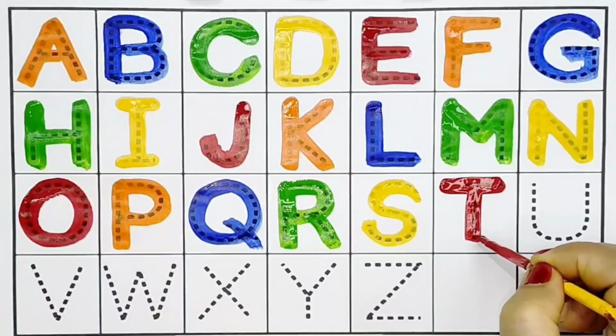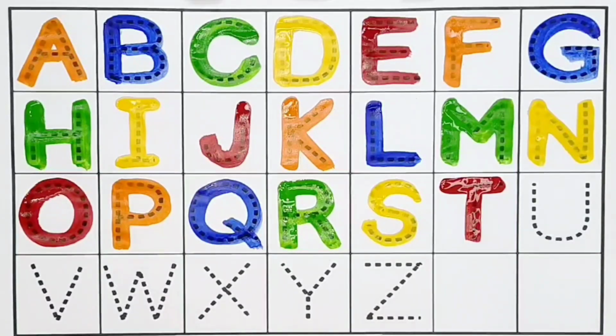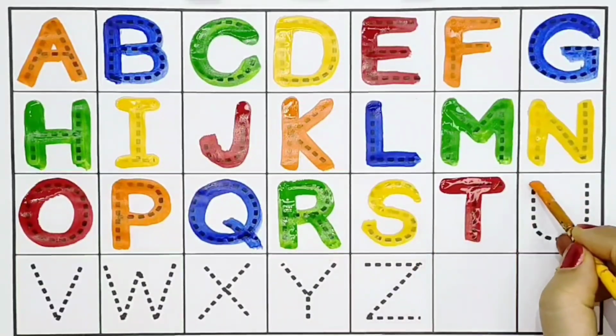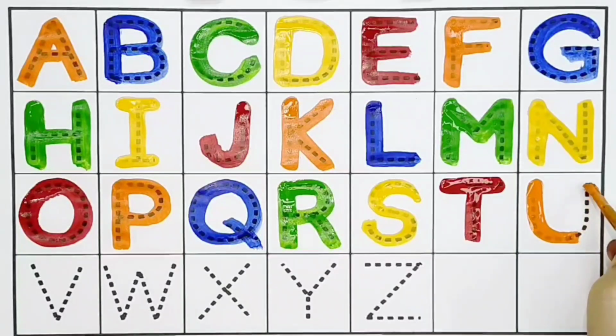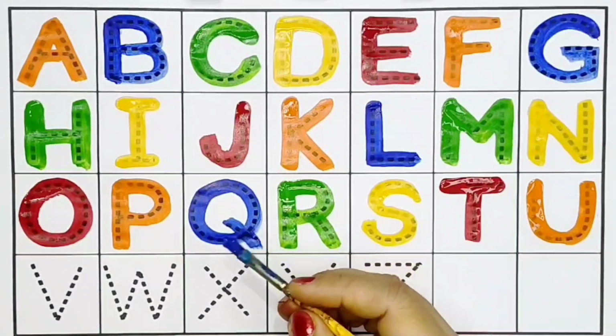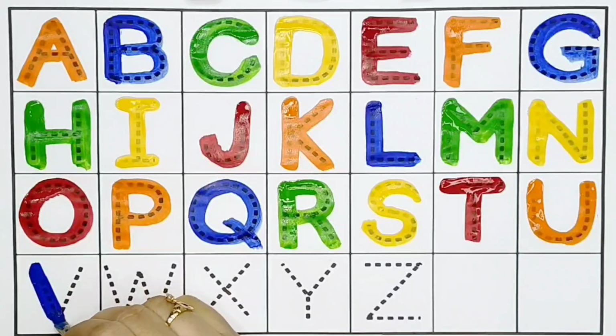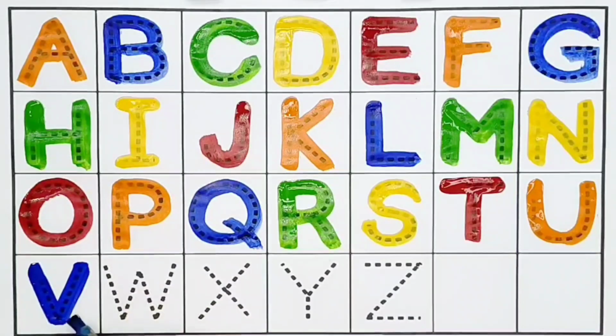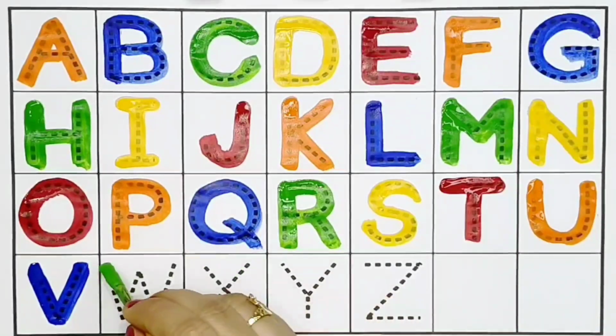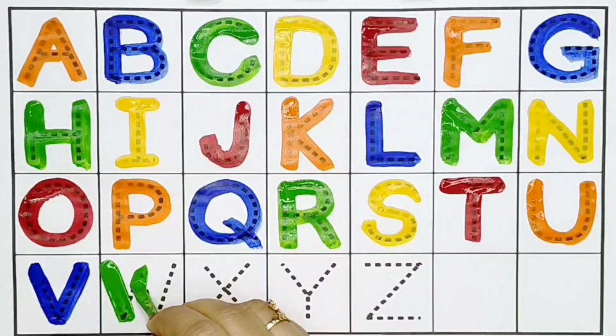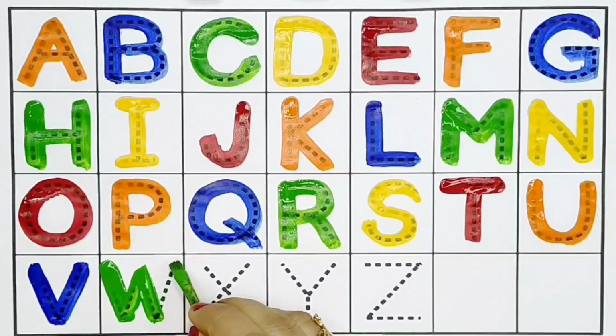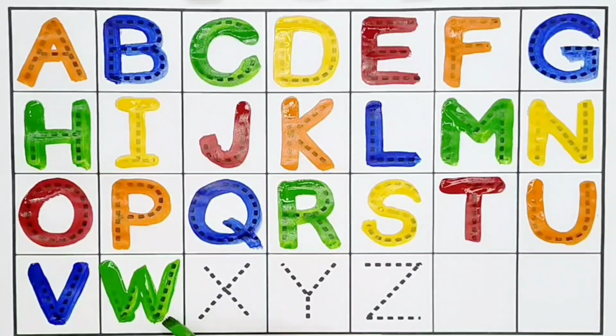T. T for tree. Orange color. U. U for unicorn. Blue color. V. V for volcano. Light green color. W. W for watermelon.